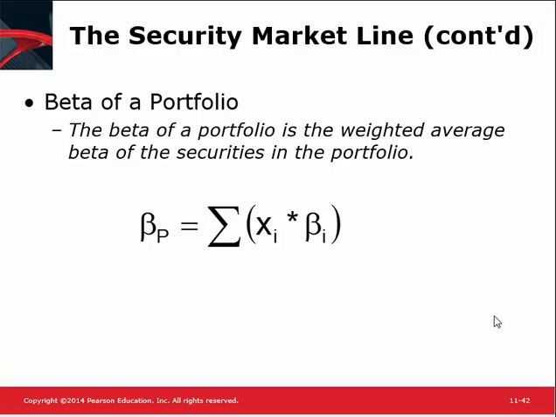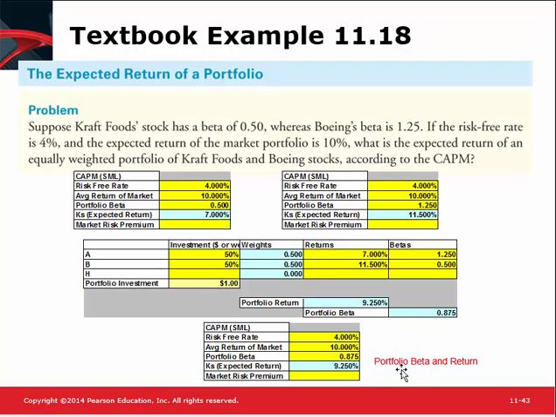So how we apply this to a portfolio, we need to know what is the beta of the individual assets, and the beta of the portfolio is the weighted average of the weights multiplied by the individual betas. So we have a worksheet called Portfolio Beta and Return, and we can do a couple things with that.